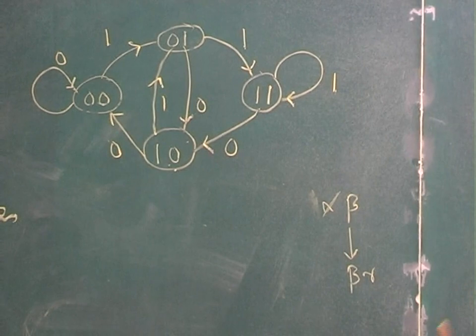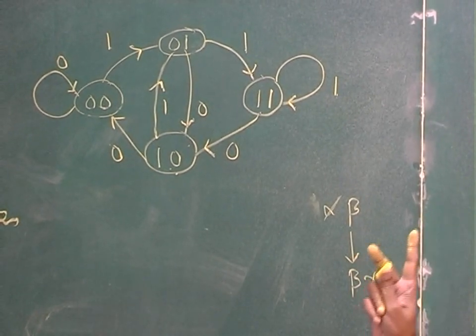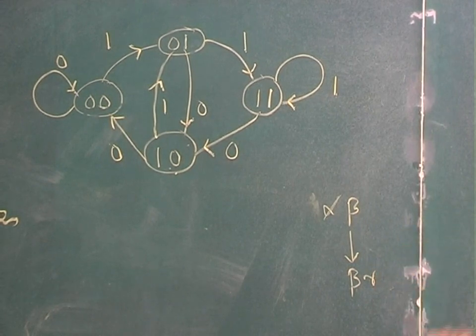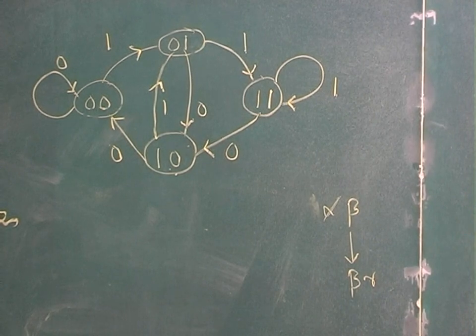Therefore, at every vertex the out degree is 2. In fact, there will be one edge labeled 0 and one edge labeled 1.